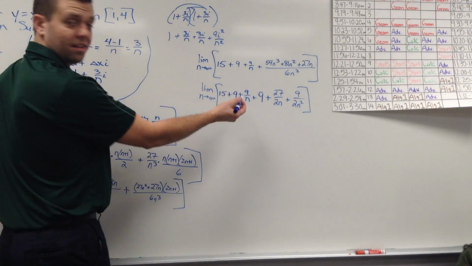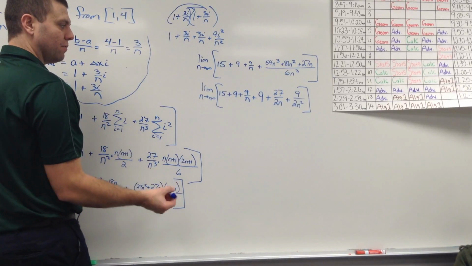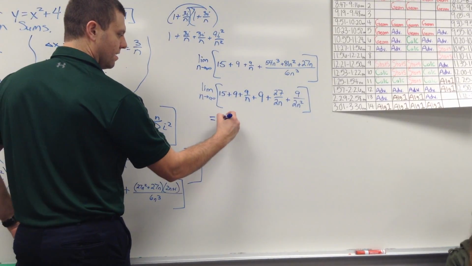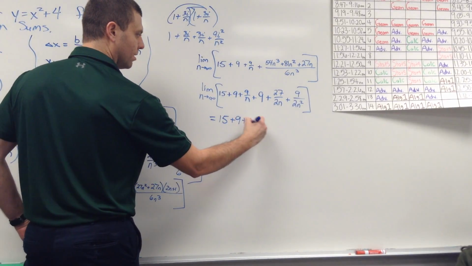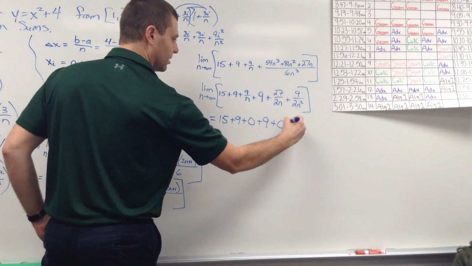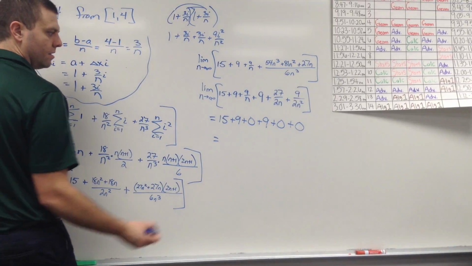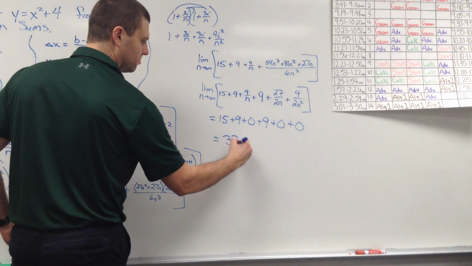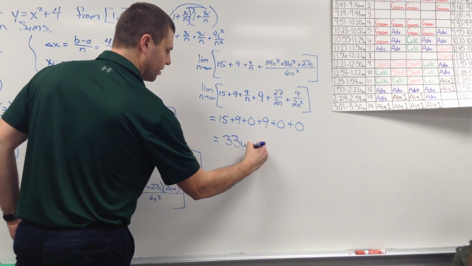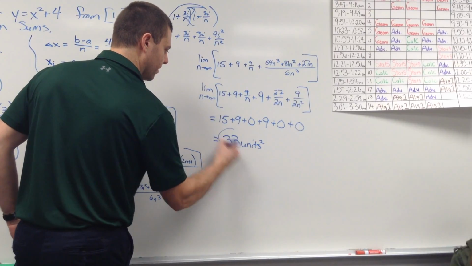Now the limit of this as n goes to infinity: 15 plus 9 plus 0 plus 9 plus 0 plus 0, because those become zeros, right? So the answer is 33 units squared.